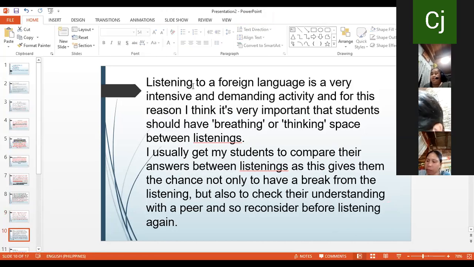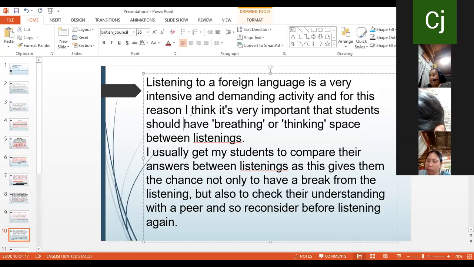So let us make do with this. Listening to a foreign language is a very intensive and demanding activity.